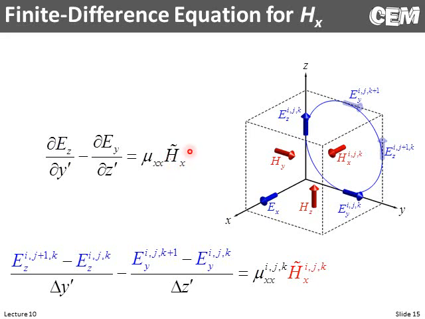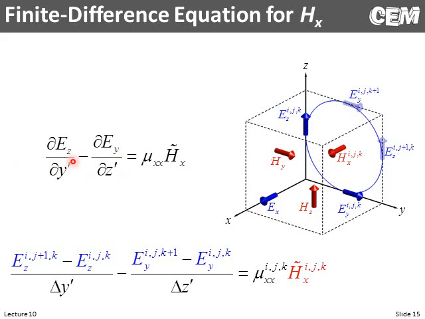Well, since this is the equation for h sub x, let's make sure all of our terms in our eventual finite difference equation exist at the same point as h sub x. Well, one thing we need to do is define the permeability, mu sub xx, to be at the same point as h sub x. That way this product makes sense. Okay, so we're going to assign mu xx right here at this point. And we mentioned this on a previous slide, so that shouldn't be any surprise.